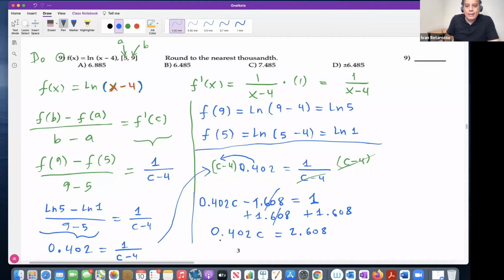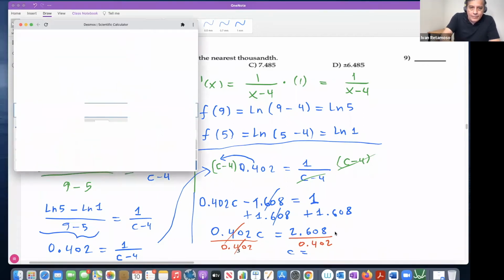0.608. And finally, dividing both sides of this equation by this decimal, 0.402, with a great level of accuracy, I would say, they should give us the answer, right? So c equals what? This division.